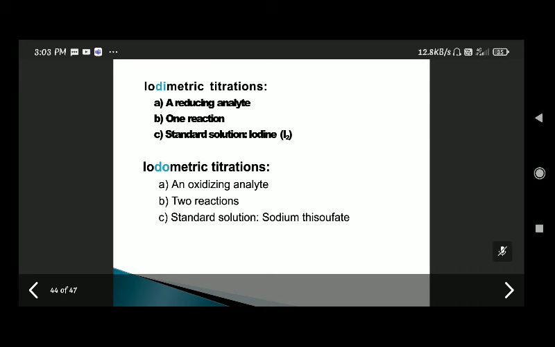When you write the aim of the experiment, next you will write the theory. The general theory you are already discussing in redox titrations over 3-4 pages, but here in theory, you will write the reduction half reaction, the oxidation half reaction in terms of electrons, and then the net redox reaction. So in theory, you will write these equations. Then in procedure, you will write the different steps as I discussed in the last class. Here, what are the different steps?